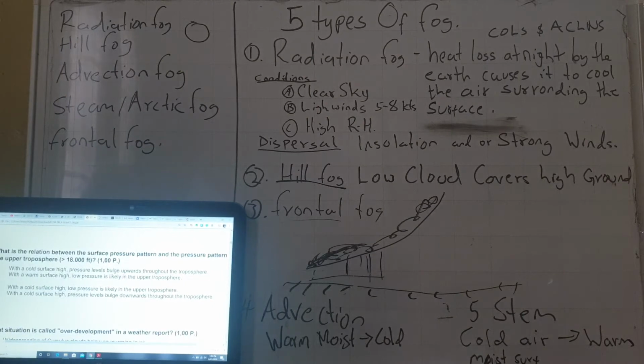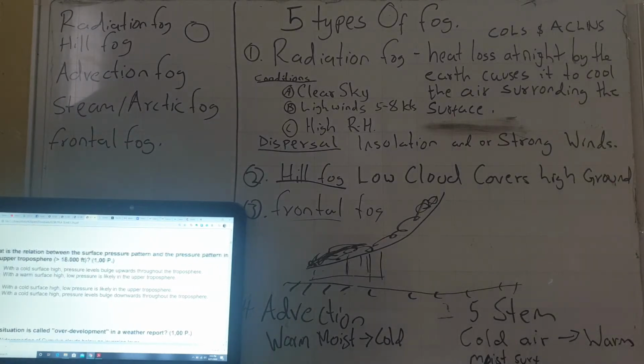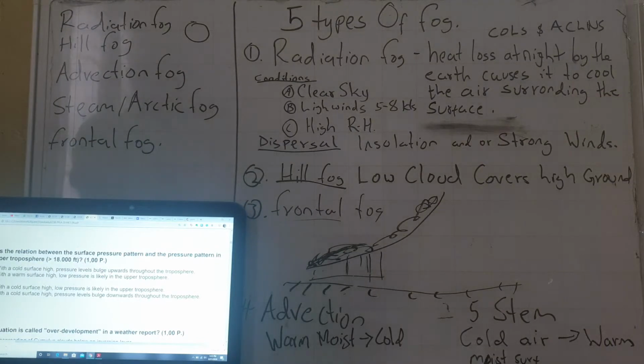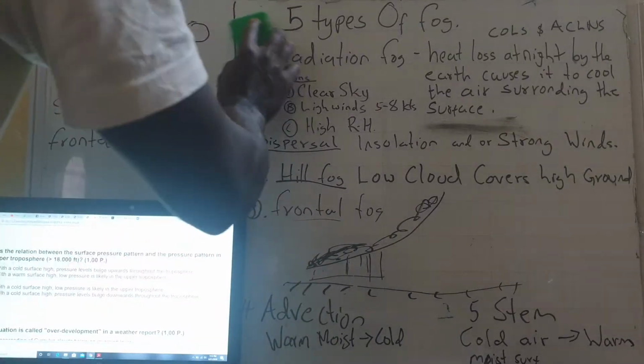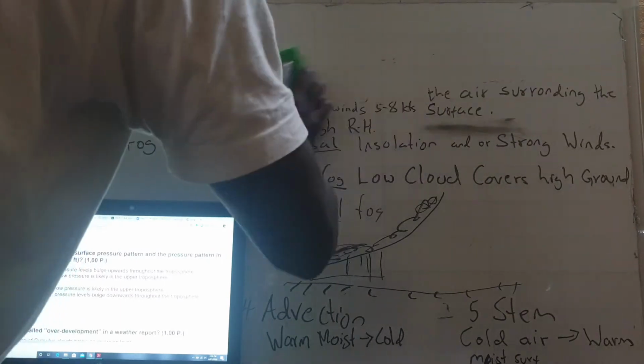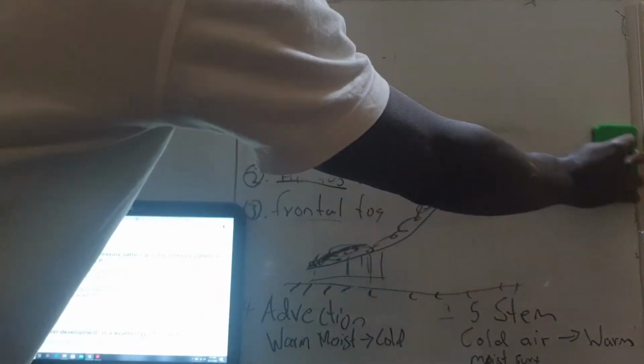The relationship between the surface pressure pattern and the pressure pattern in the upper troposphere. What is the relationship? So it's asking what's the relationship between the surface pressure pattern and the pressure patterns in the upper atmosphere. I'll explain this one simply because I did a lesson on high pressure systems.